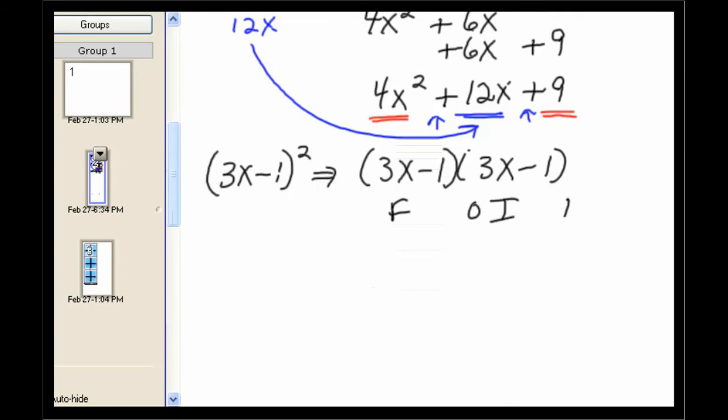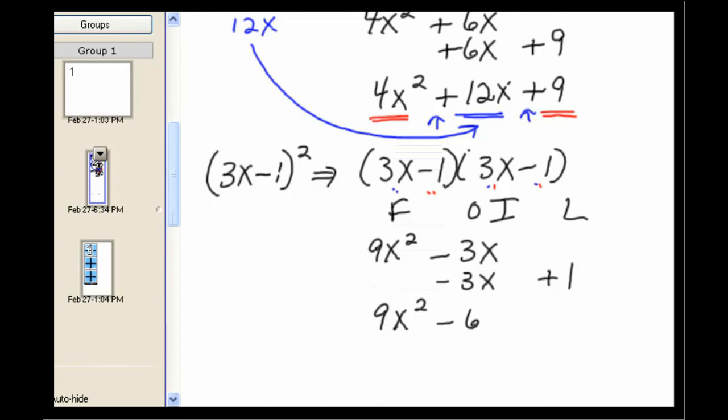Use your FOIL to keep track of products. 3x times 3x, 9x squared. 3x times negative 1 is negative 3x. Negative 1 times 3x is negative 3x. Negative 1 times negative 1 is now positive 1. So we end up with 9x squared minus 6x plus 1.